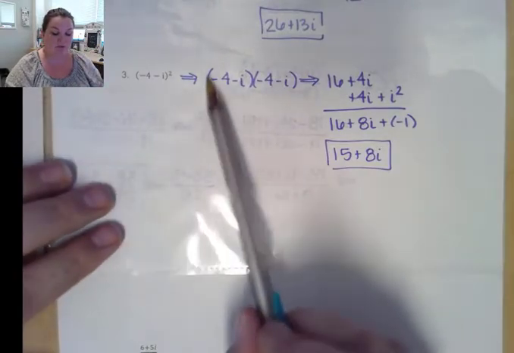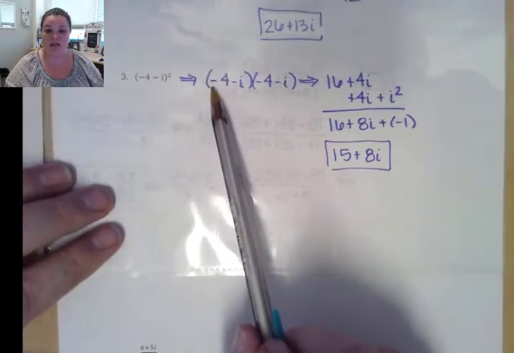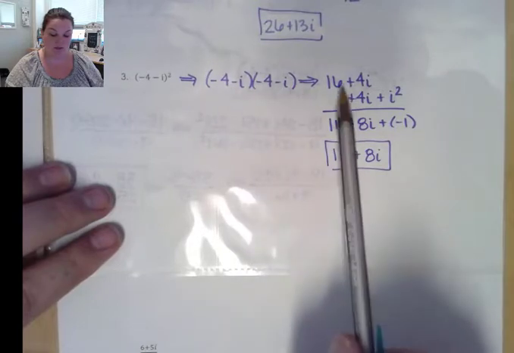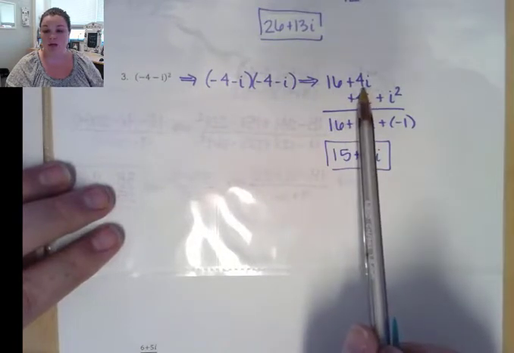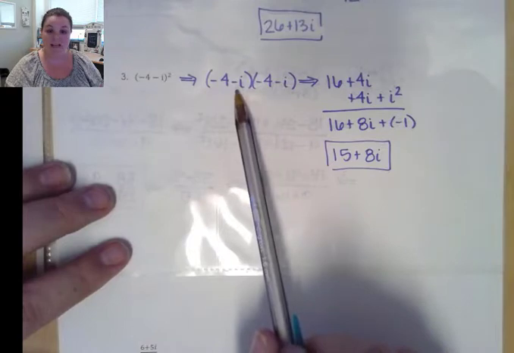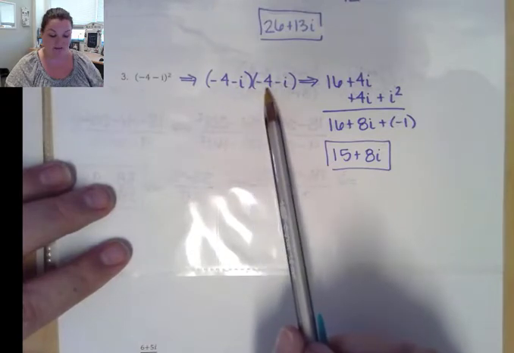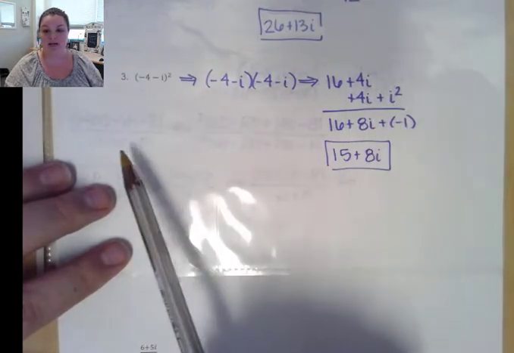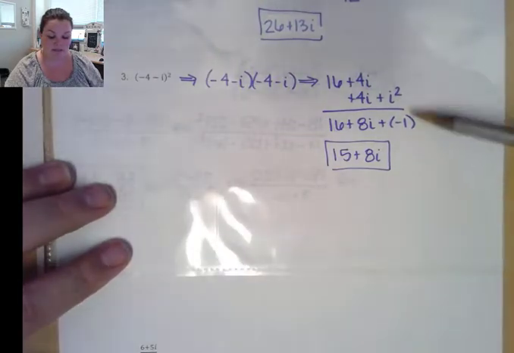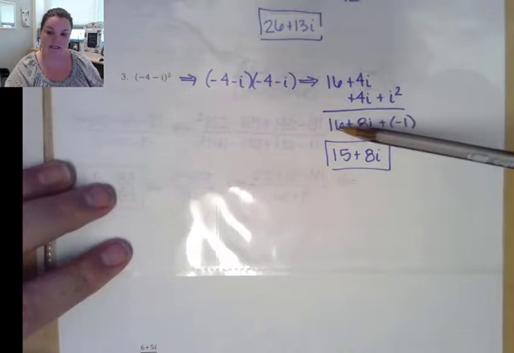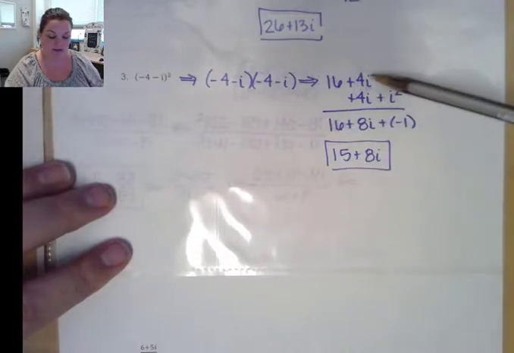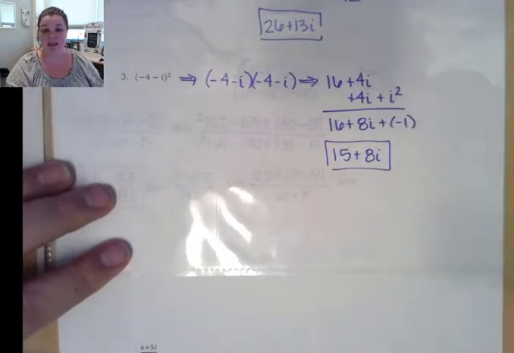Okay, and then we can go ahead and distribute. So -4, when we distribute it, we're going to get a positive 16 and a positive 4i. And then when we distribute our negative i, we should get a positive 4i and a positive i squared. That i squared becomes a -1. So I combine the -1 with the 16, gives me 15. And when I combine my i terms, I get positive 8i.